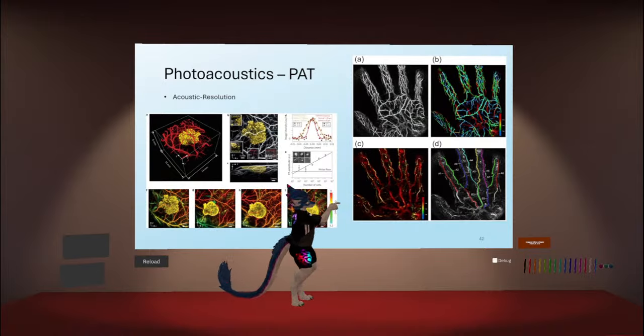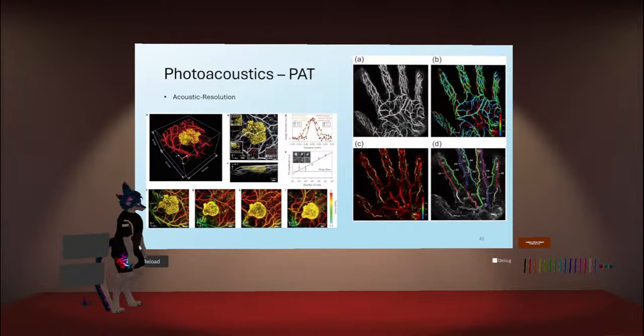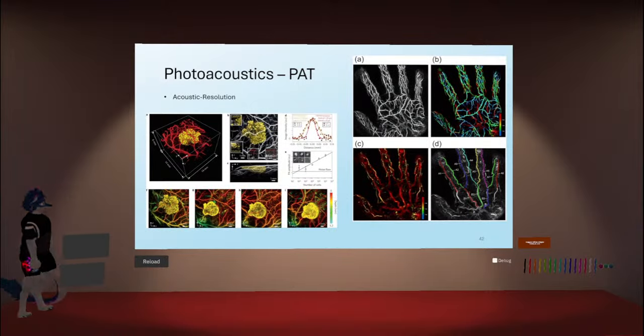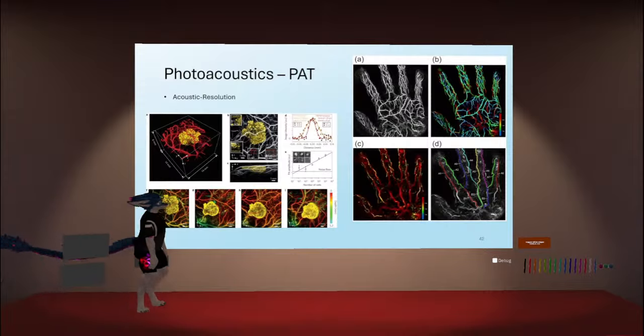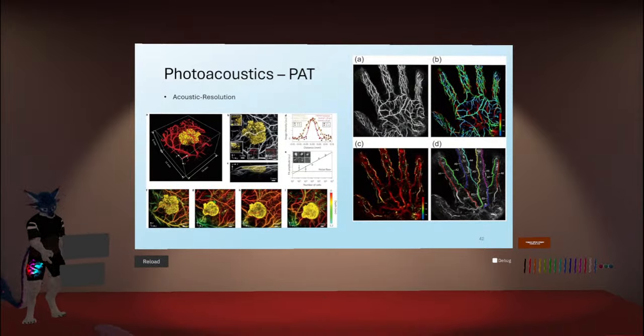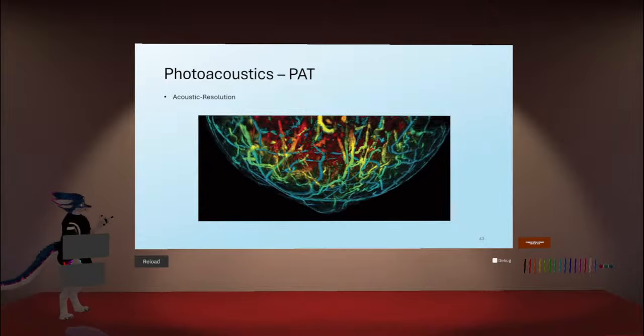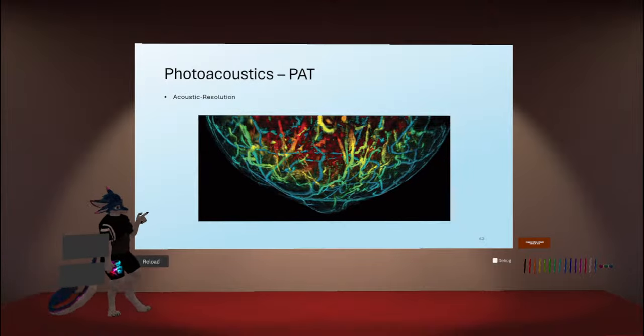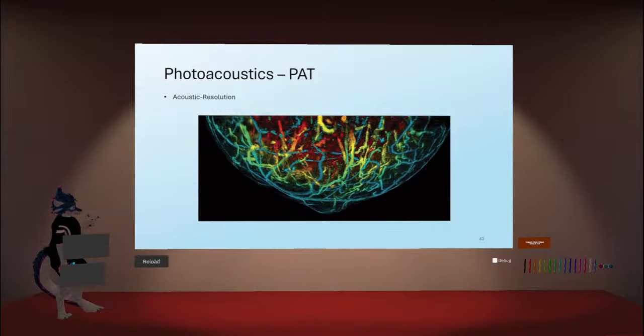This is a group out of the UK that makes these really nice acoustic resolution systems, and they've got some nice processing too to make the images beautiful. Probably the first commercial use of photoacoustic tomography is going to be in breast cancer. So this is a breast.